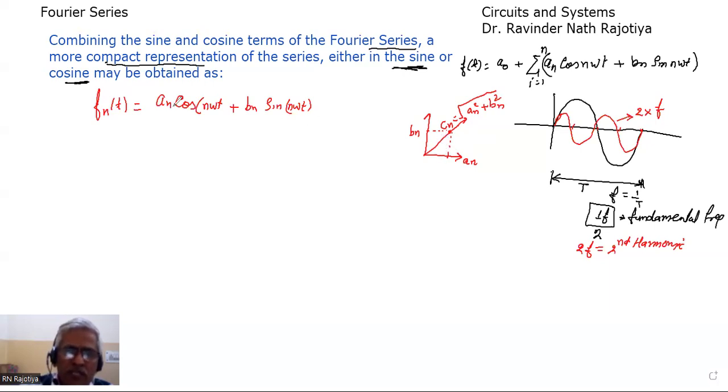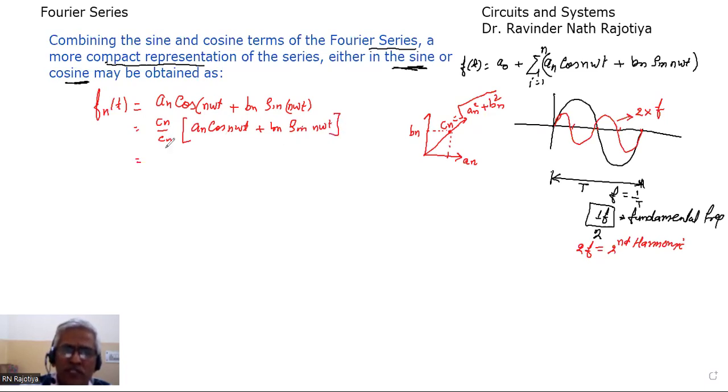Now, if you multiply this signal by cn, so if you write this as cn by cn and write it as an cos of n omega t plus bn sine of n omega t, there is no change in the signal.